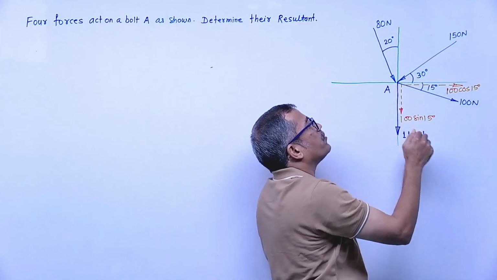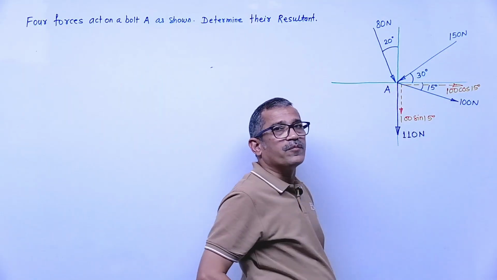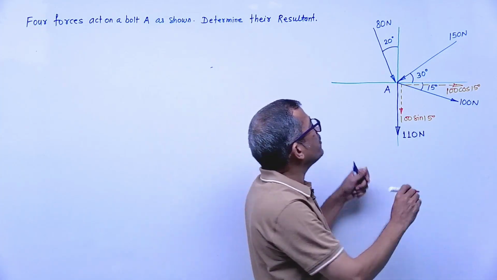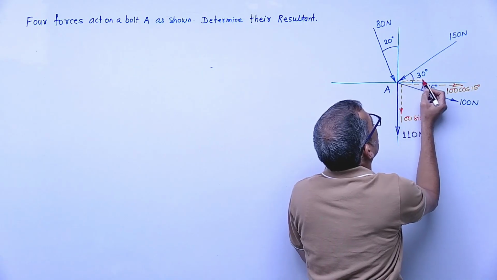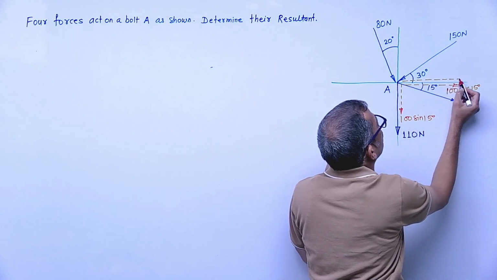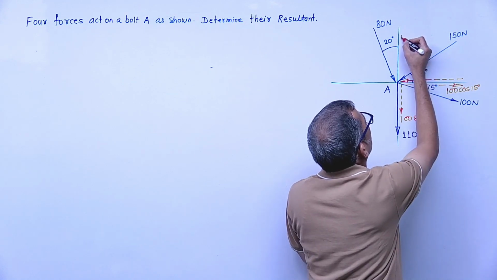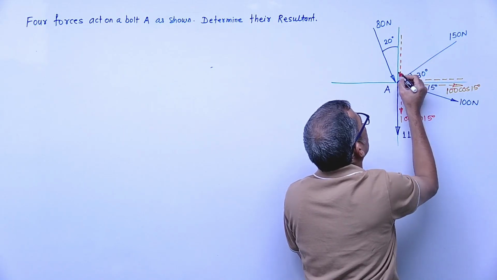What about 150 Newton? This force is acting towards point A, meaning push in nature, so the components must be push in nature, meaning towards. The horizontal component is towards, which means leftward, and the vertical component is towards, which means downward, okay?